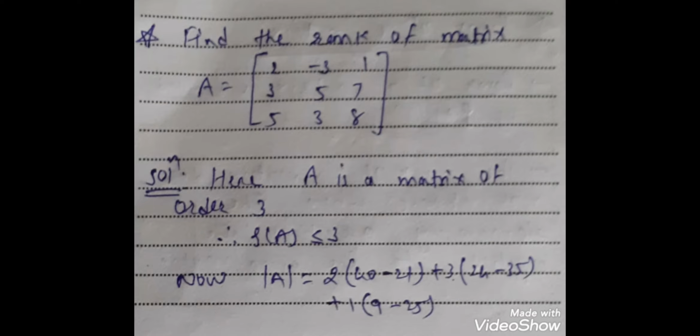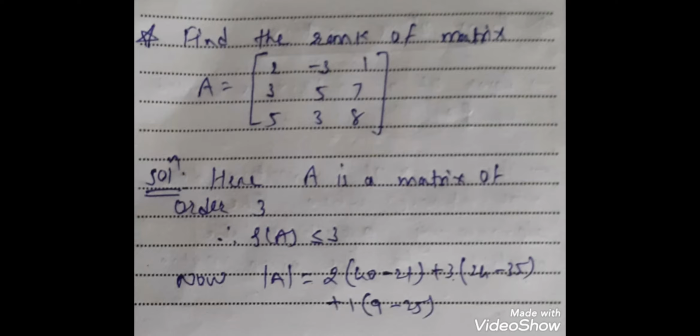First we find the determinant of this matrix. We keep all the entries of the matrix in determinant form and then expand it from the first row: 2 into (5 into 8 is 40, minus 7 into 3 is 21), minus minus plus 3 into (3 into 8 is 24, minus 7 into 5 is 35), plus 1 into (3 into 3 is 9, minus 5 into 5 is 25).